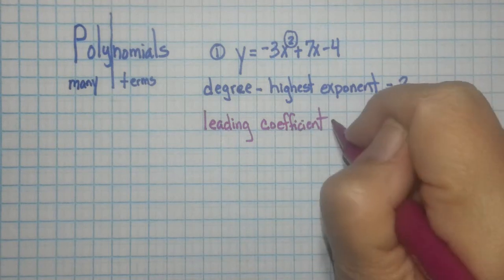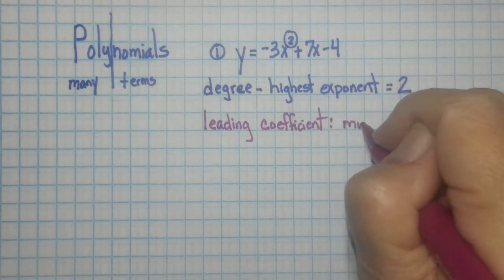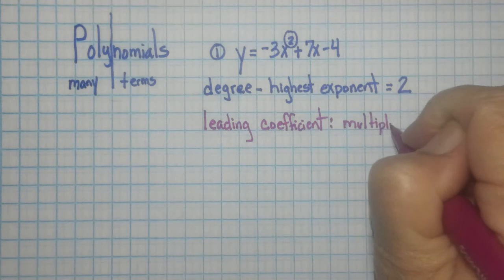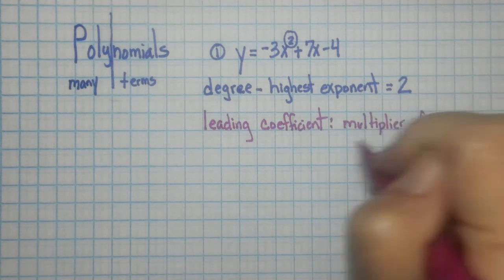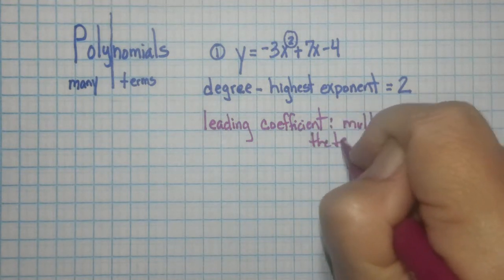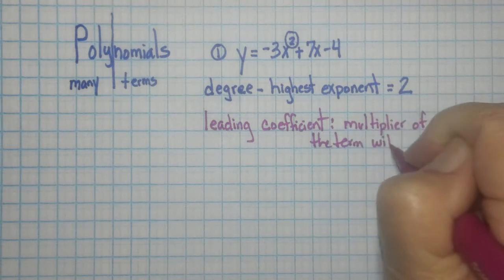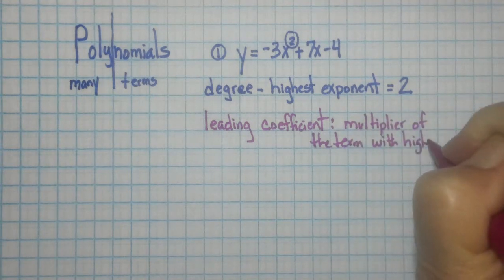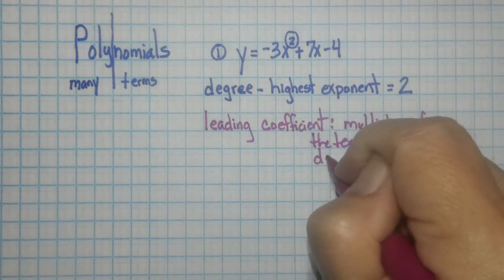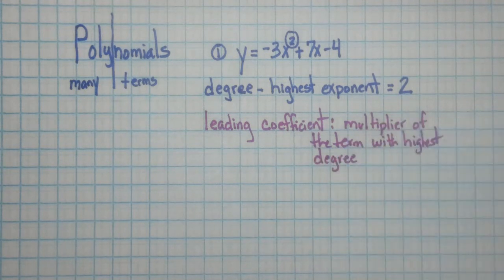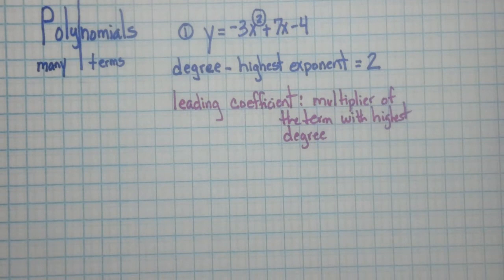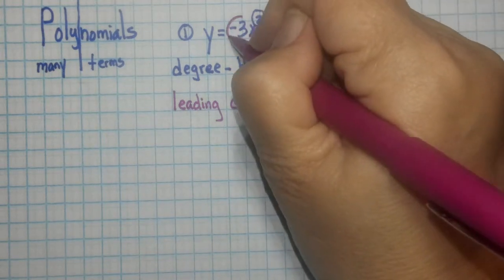It's the multiplier of the term with the highest degree. So the leading coefficient in this example would be the -3.